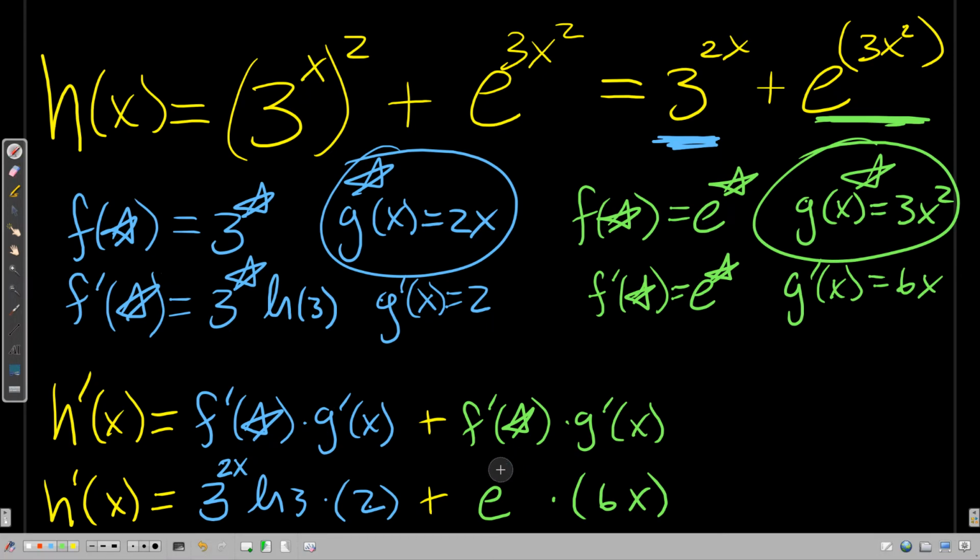And the green g of x was 3x squared. This is it. Maybe the only thing that anybody would do here is on this part right here, it's probably more common to call it 2 natural log of 3. But if this is what ended up getting written, you will absolutely get all the points.